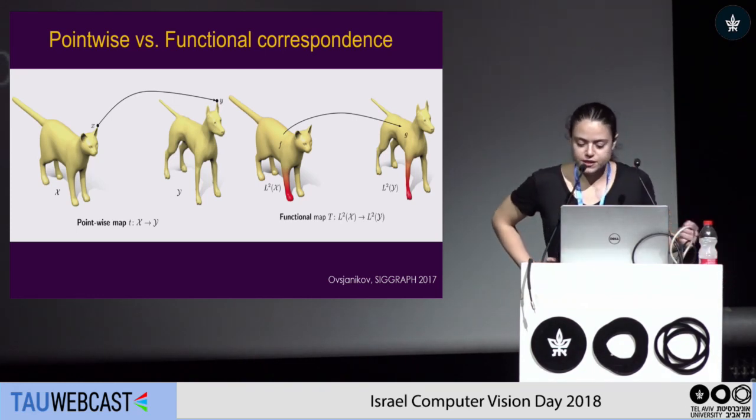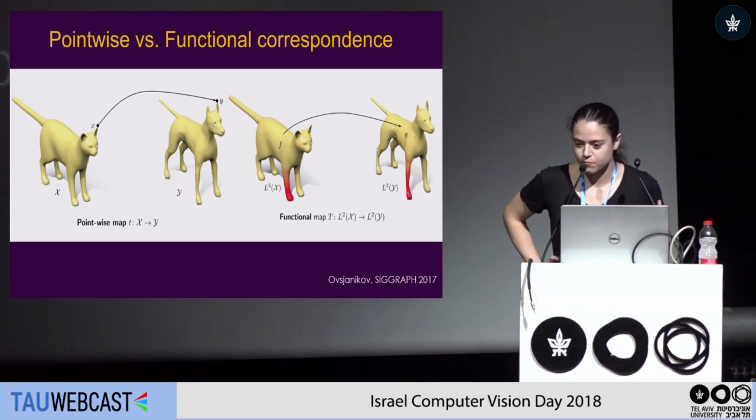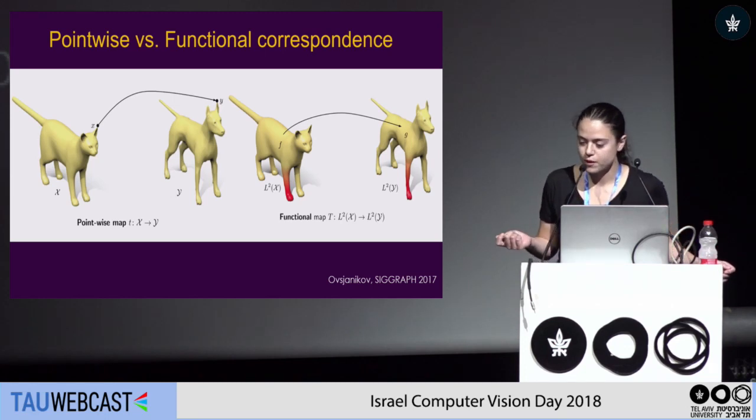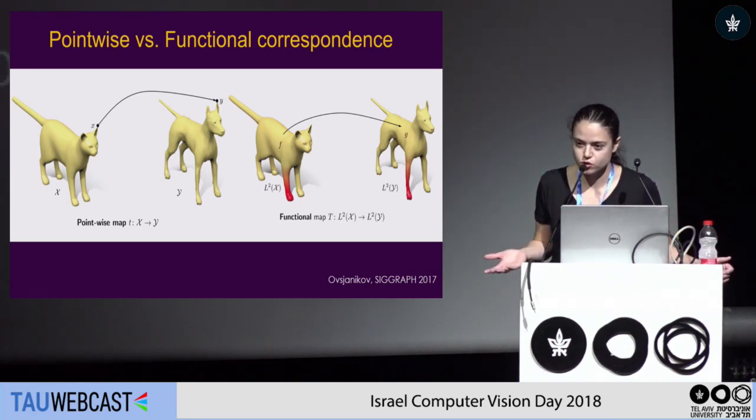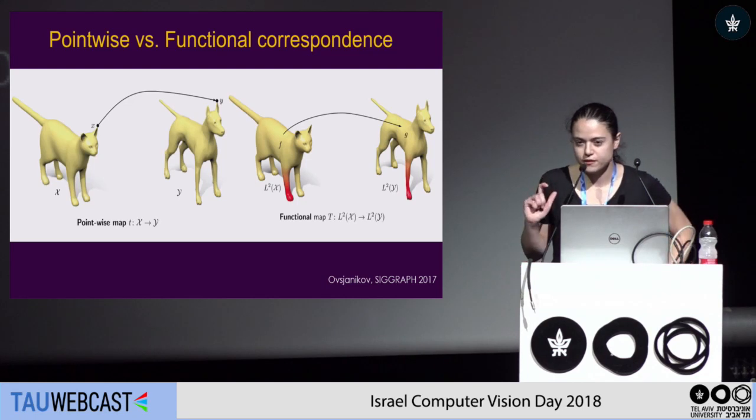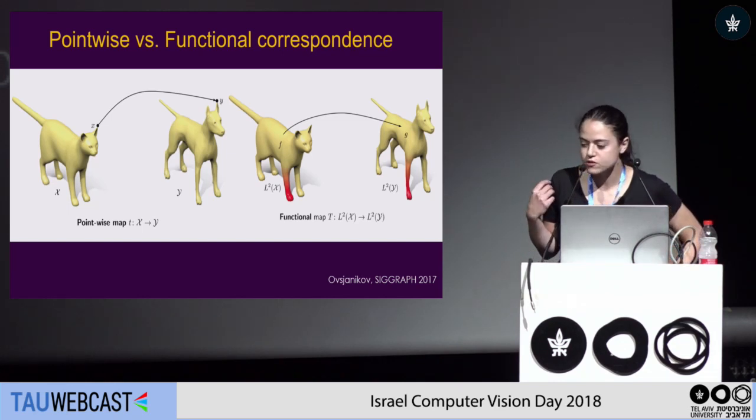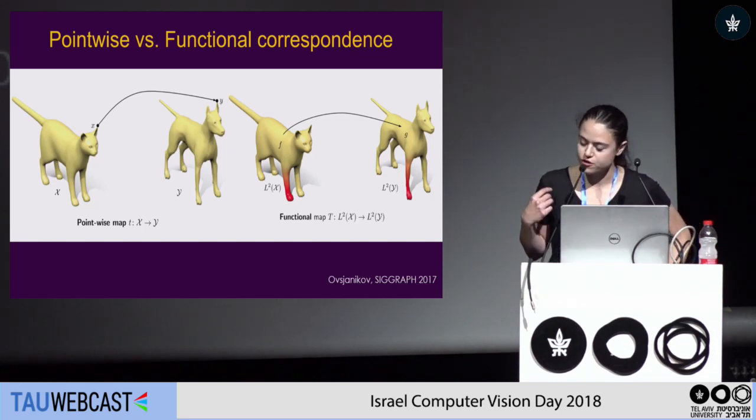But we introduce the paradigm shift of functional maps, which is about, now we don't ask how to map a point to a point, we ask: if we have some function defined on the source domain and we want to map it to the target domain, how can we do it? And one can observe that this formalism encapsulates the previous formalism, because if we know how to map any function to any function, we can always construct some very local function on some point and map it to the target domain.